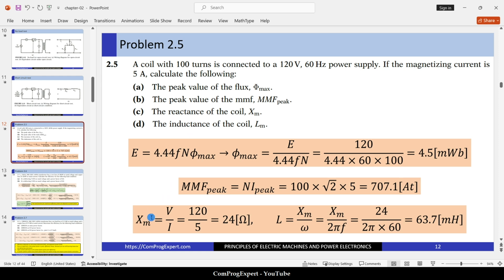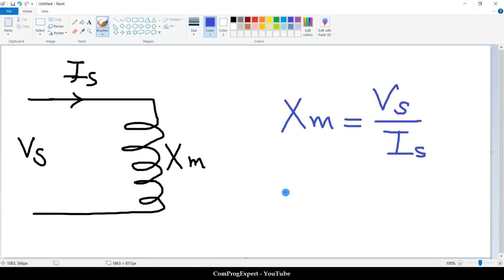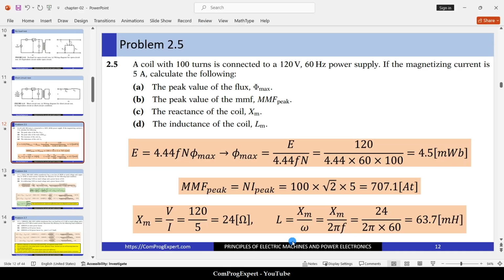So this magnetizing reactance corresponds to this frequency, 60 hertz. How can we calculate the inductance of the coil? You know that the magnetizing reactance is equal to omega Lm, or equal to 2 times pi times f times Lm. We know the value of the frequency, that is 60 hertz.